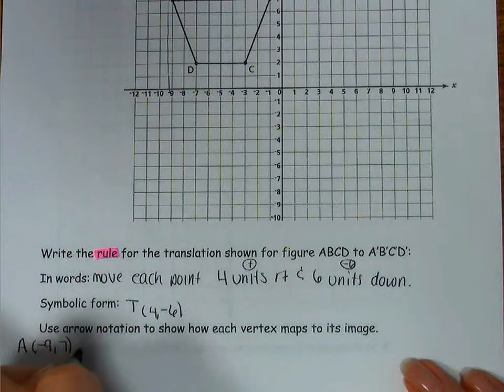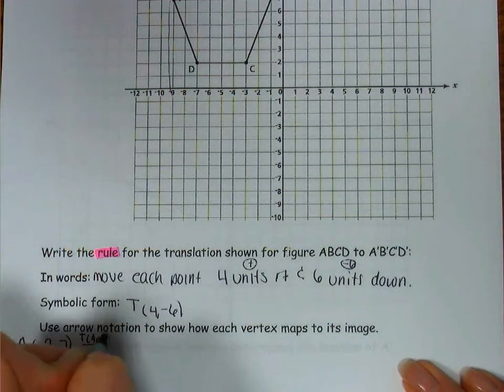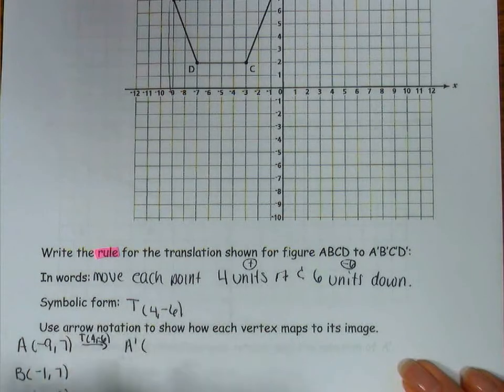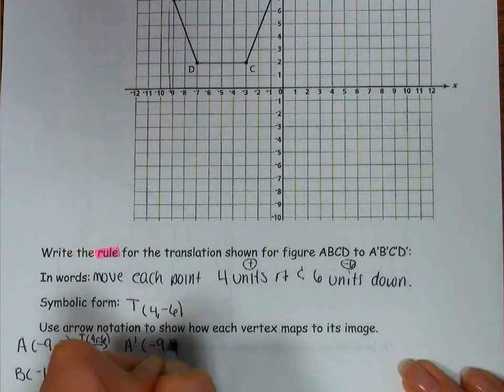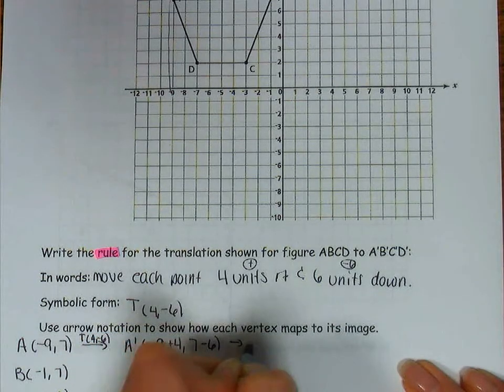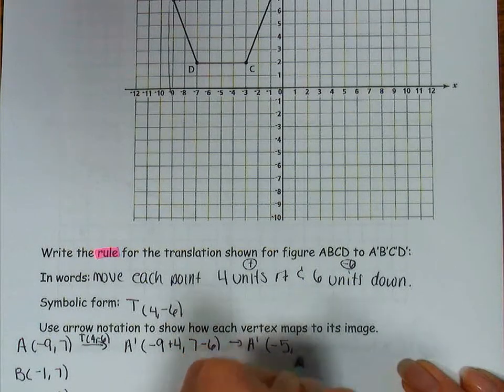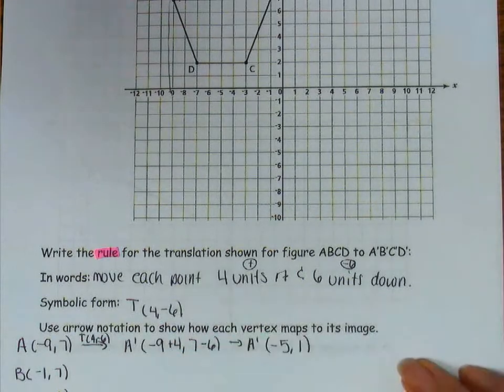And since we're using the rule T <4, negative 6>, for A prime, I'm going to have negative 9 plus 4, and then 7 minus 6. So A prime is going to be negative 5 and a positive 1. That's going to show us where we need to be.